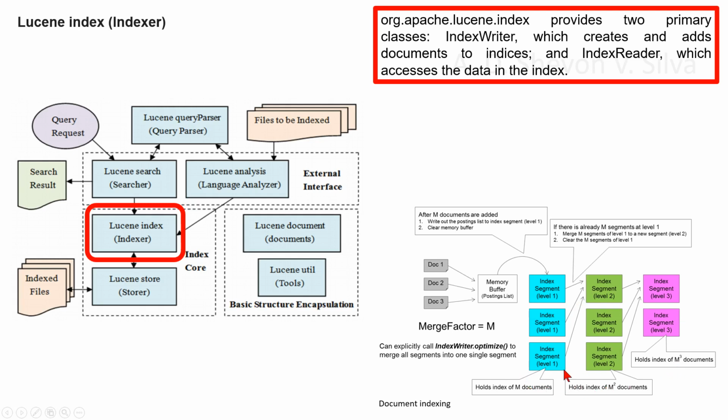This keeps the number of segment files that need to be searched per query at big O log n complexity, where n is the number of documents in the index. Lucene also provides an explicit optimize call that merges all segment files into one.